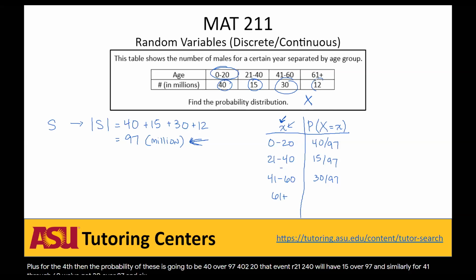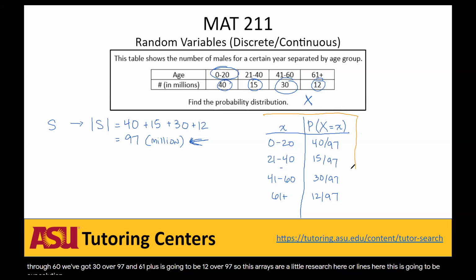And 61 plus is 12 over 97. This is going to be our solution. This represents the probability distribution for the number of males in our sample space.